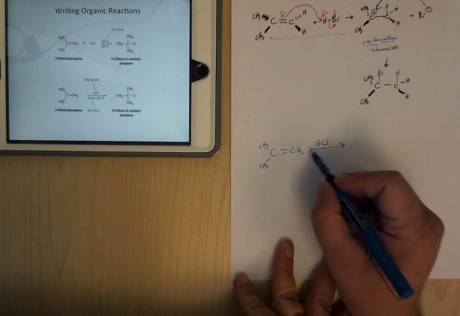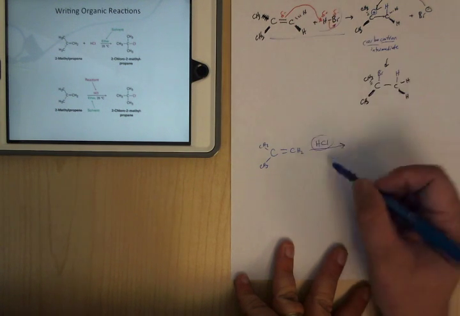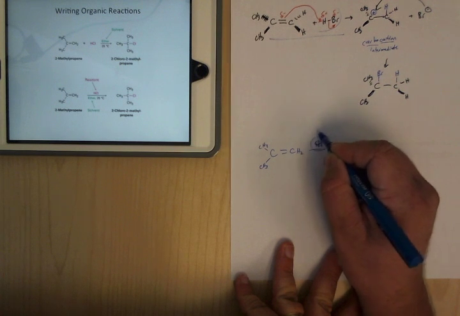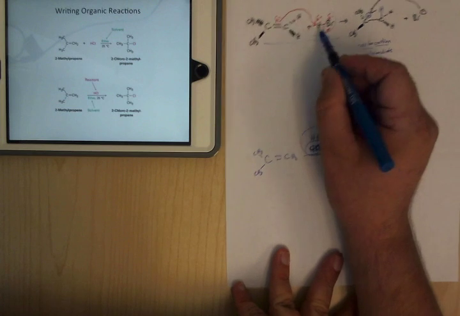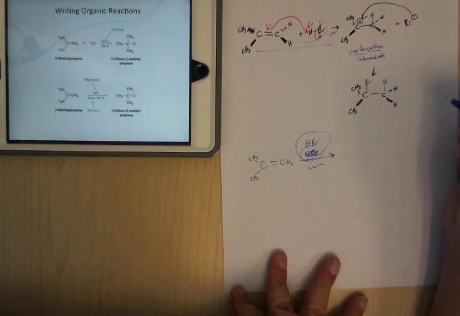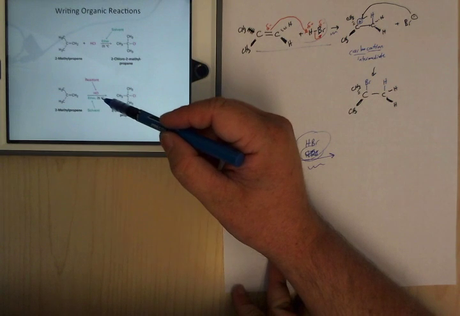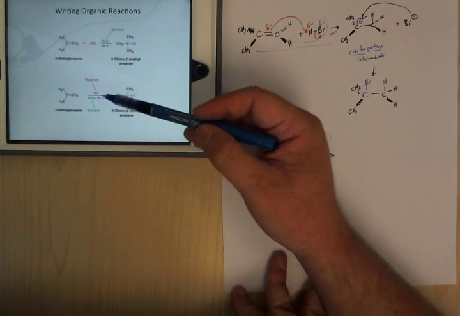Having HBr above the arrow is the same as having it plus that. The supporting information down here is things like solvent and temperature.